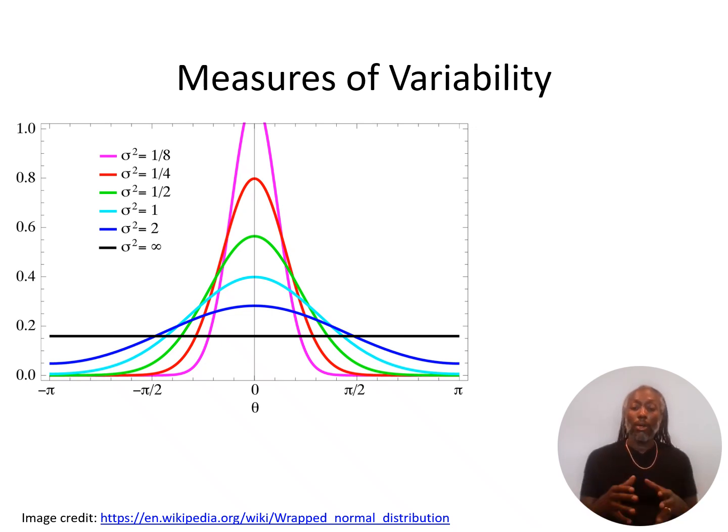The data are spread out differently within those samples. And so we use measures of variability to try and understand that dimension of our data. Central tendency and variability are not the only measures that we use to describe data, and we will try to talk about some of those other measures as we move forward.